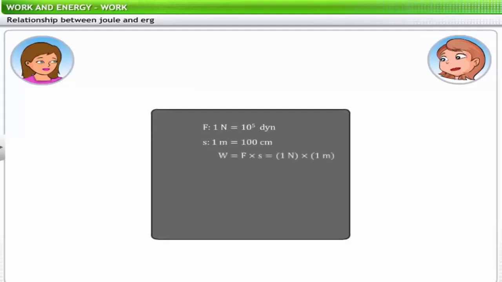Thus, the work of 1 joule is equal to the product of 10 raised to the power 5 dyne and 100 centimeters. This is equal to 10 raised to the power 7 dyne centimeters, as 1 dyne centimeter is equal to 1 erg. We get 1 joule is equal to 10 raised to the power 7 erg.